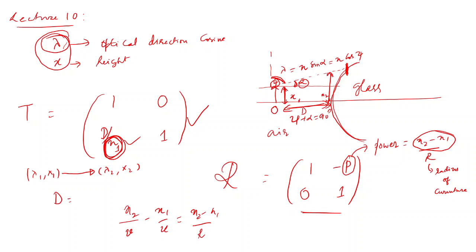So now let's generalize this matrix method even more. Say I have a black box system. I don't know what is in that system, but it's a set of lenses and mirrors or different optical elements, and I know that a particular ray starting from here has coordinates lambda 1, x1.